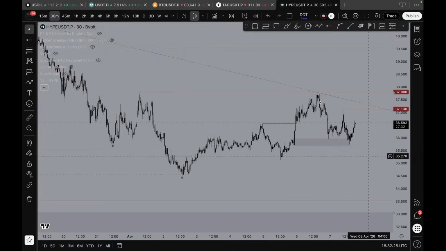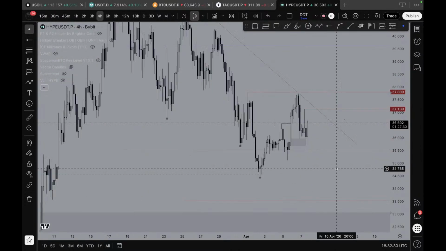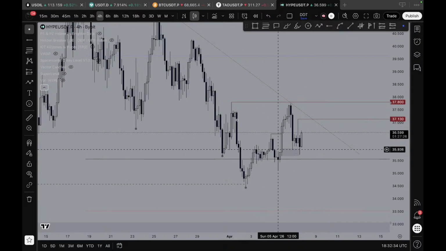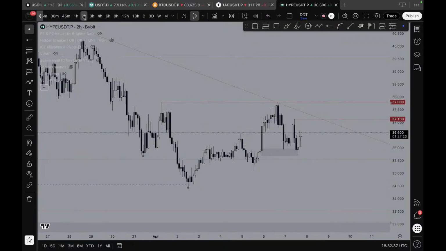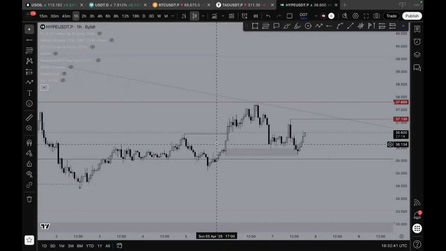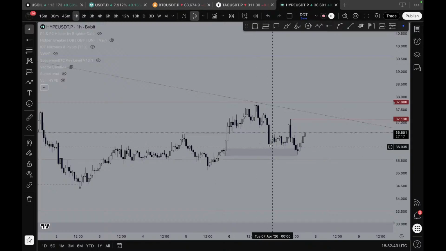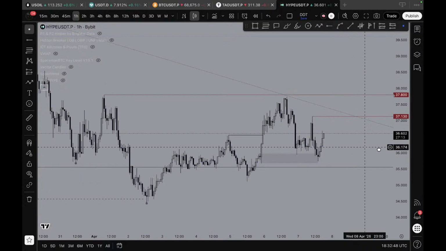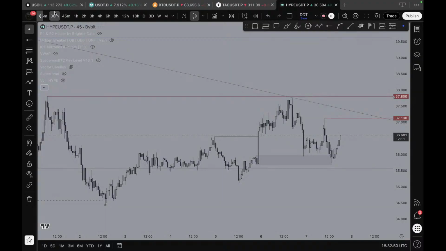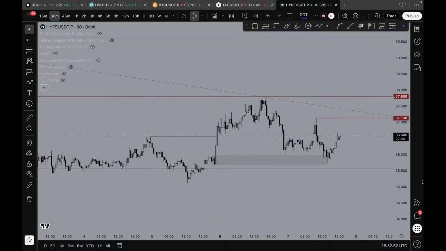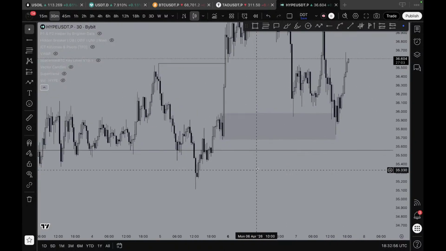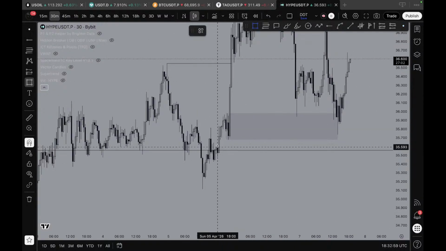And most demand is mitigated. So there's not really a reason for price to go much lower, I think. This was the last hourly demand, which was perfectly tapped twice. So I think Hype could also be pretty close to a breakout. We have a 30-minute demand right below.